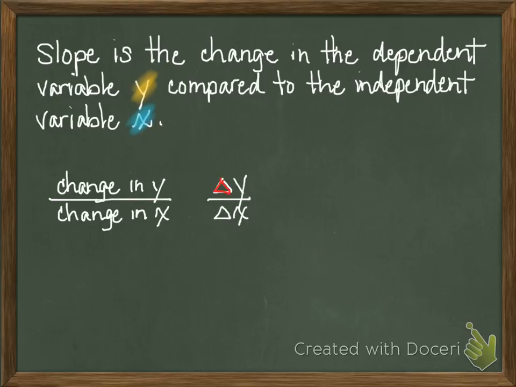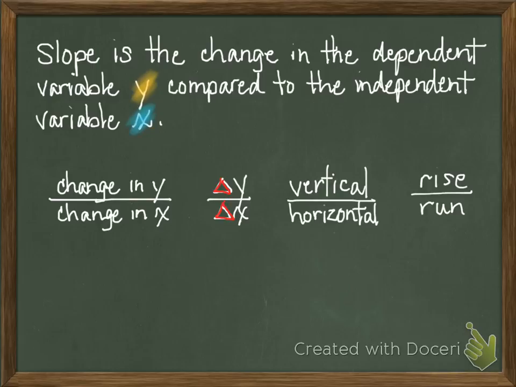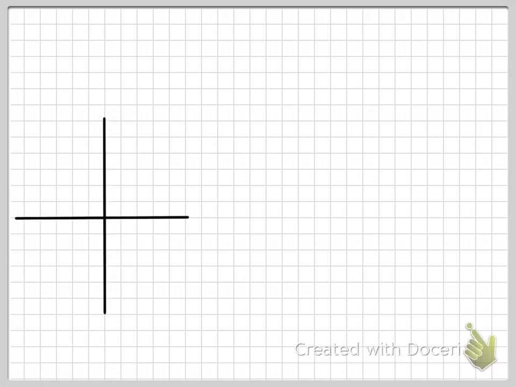That represents the change in y over the change in x. Still a comparison of two numbers. Or, like I said a minute ago, we can compare the vertical number to the horizontal distance. Or, quite simply, rise to run. This is probably the most common way you'll see slope referred to in a math classroom. How is the line rising compared to how it's running?